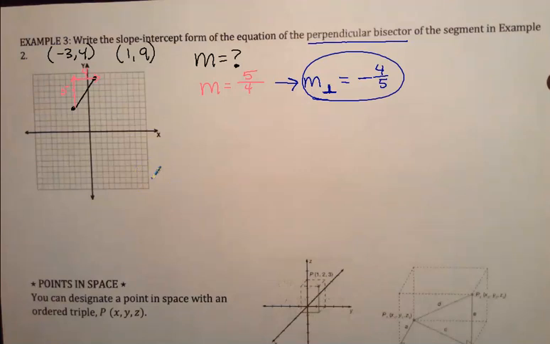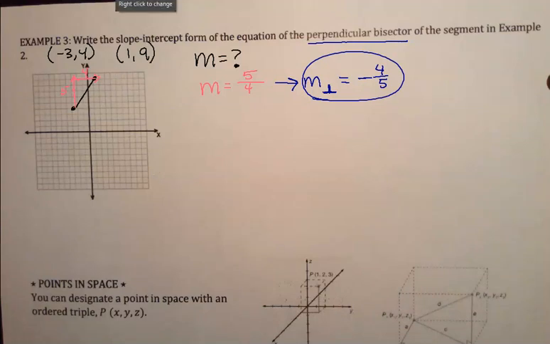All right, so now we want the perpendicular bisector of this line. In order to have that, we need to know where the middle is, right? We need to know where our midpoint is to put that in there. But we already found our midpoint, didn't we?